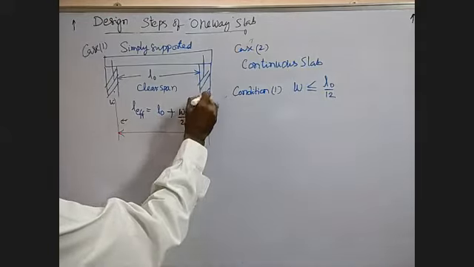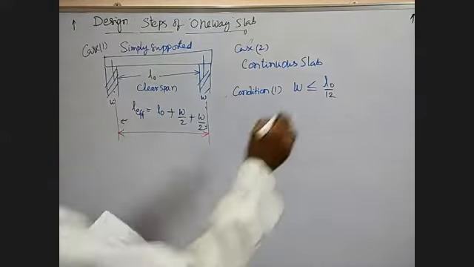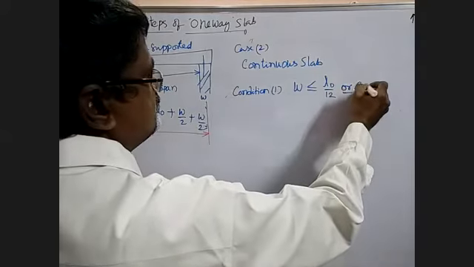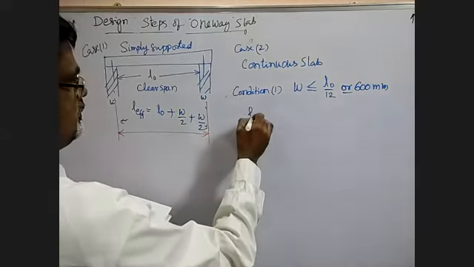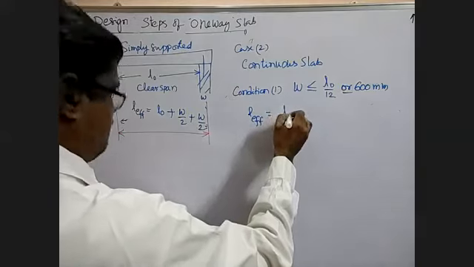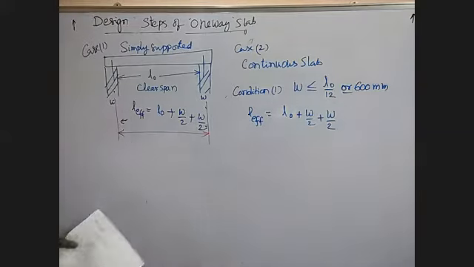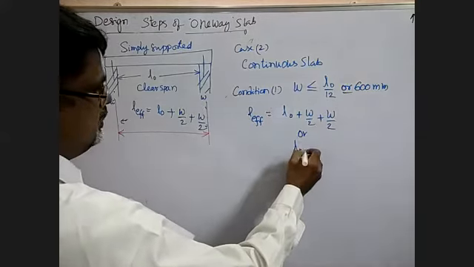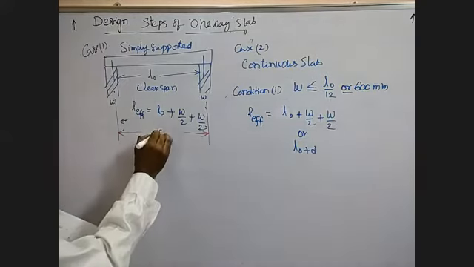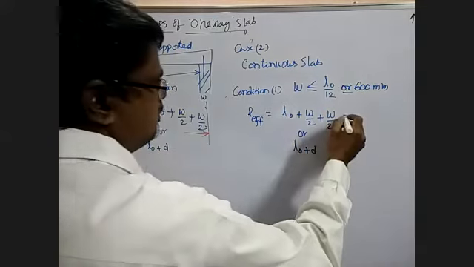In that case, L effective is equal to L naught plus W by 2 plus W by 2, same thing even for a continuous span, or L naught plus d, clear span plus effective depth, whichever is less.